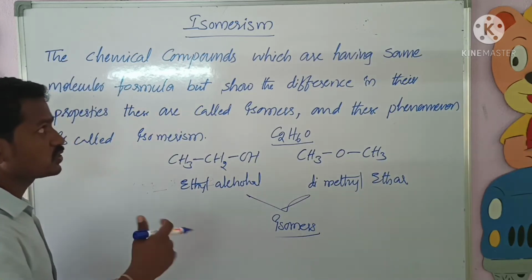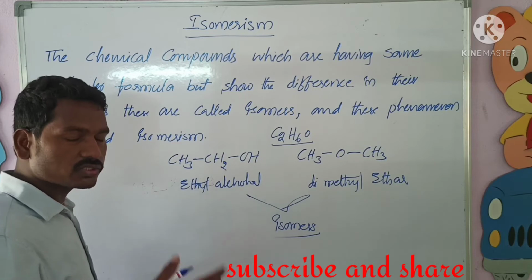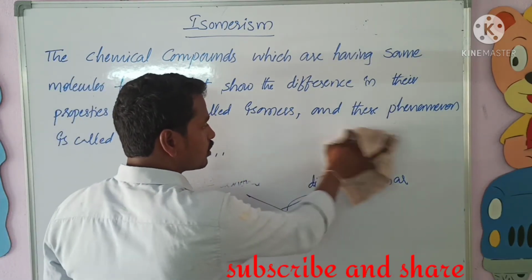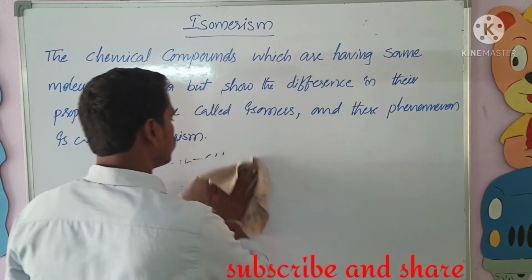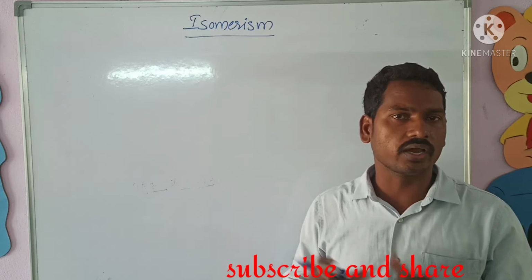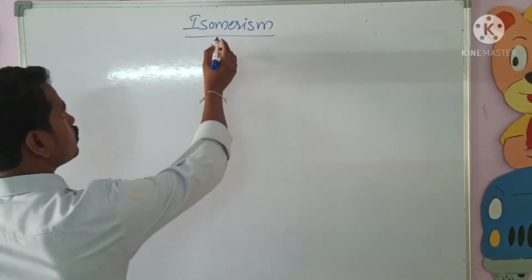Then we discuss the next one, the classification of isomerism. Isomerism is mainly divided into two types.